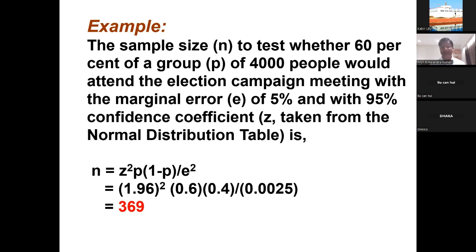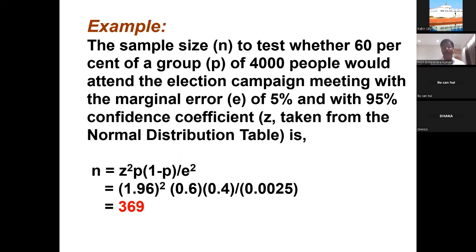The sample size, called n, is to test whether 60% of a population group of 4,000 people would attend the election campaign meeting, with marginal error E of 5% and 95% confidence coefficient, Z taken from the normal distribution table. So this is the table.